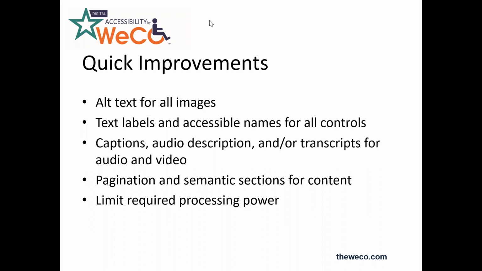Audio description can be good for users with low vision or who are blind who can't see the visual content of the video. The video itself can have audio description, or you can have a separate version of the video that has audio description. And descriptive transcripts can be extremely useful for users with hearing disabilities, vision disabilities, and who are deafblind. For users who are deafblind, this can actually be the only way they can access the content.